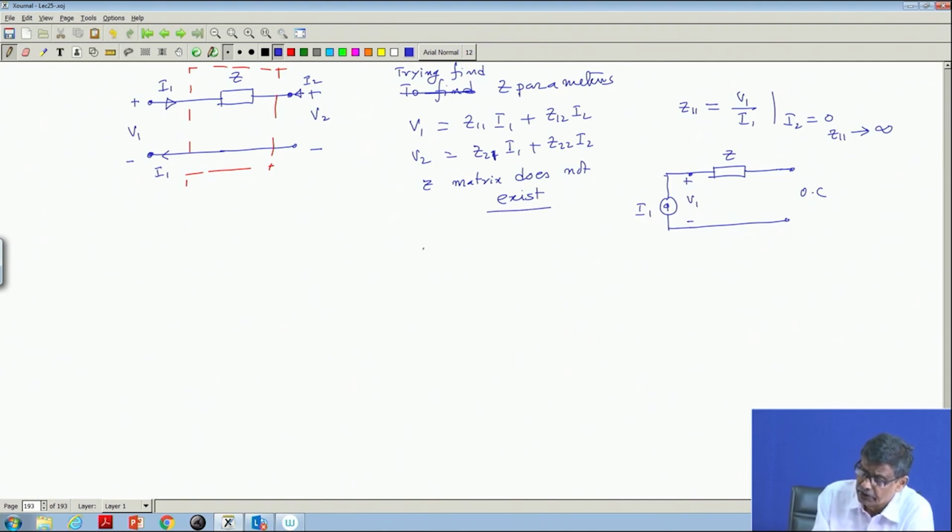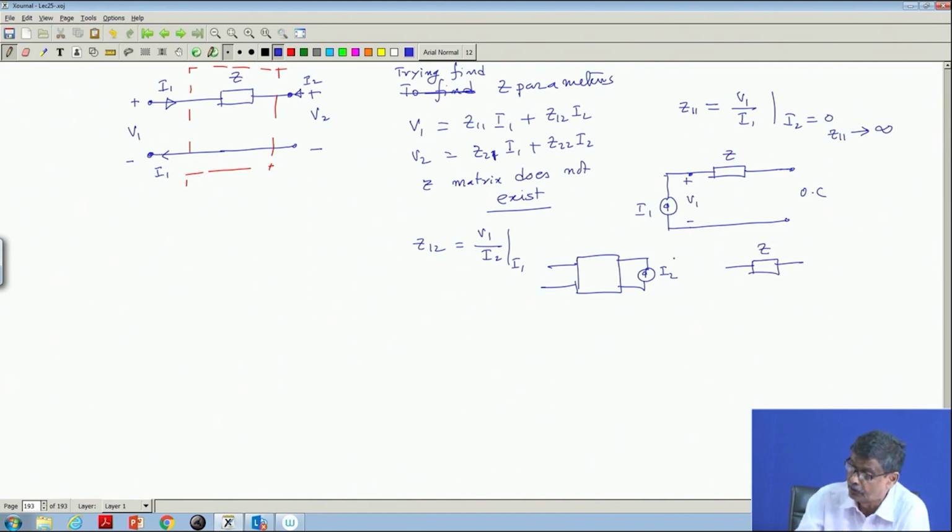Similarly, if you want to see what Z 12 is, Z 12 is V 1 by I 2 with I 1 equal to 0. So, one port has to be open circuited and the other port is to be fed with a current source. In this case similar thing will happen if you apply a current source I 2 here and open circuit this one. This network is a known network, as I told you Z inside, I know what it is.